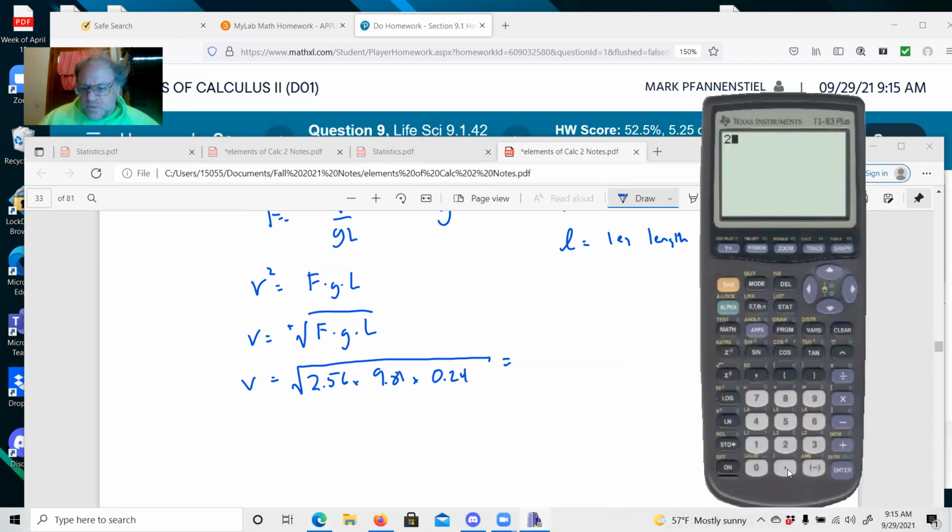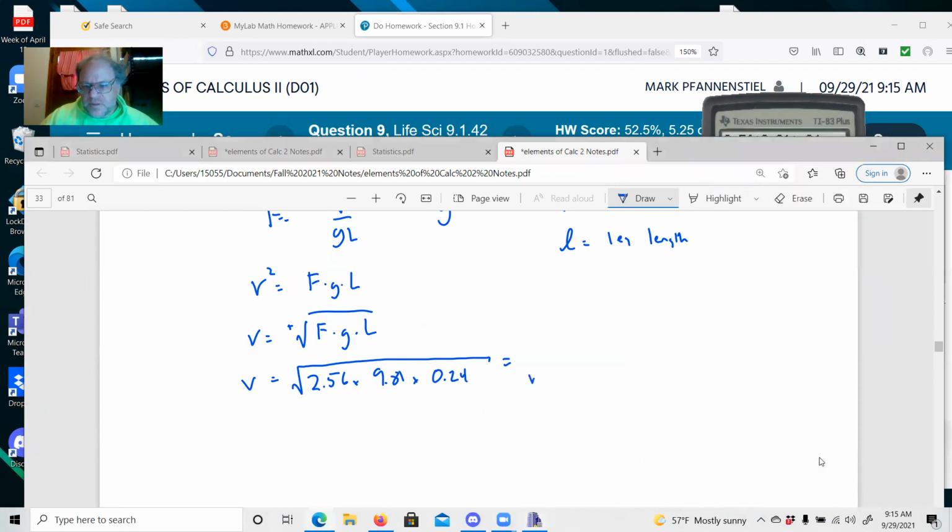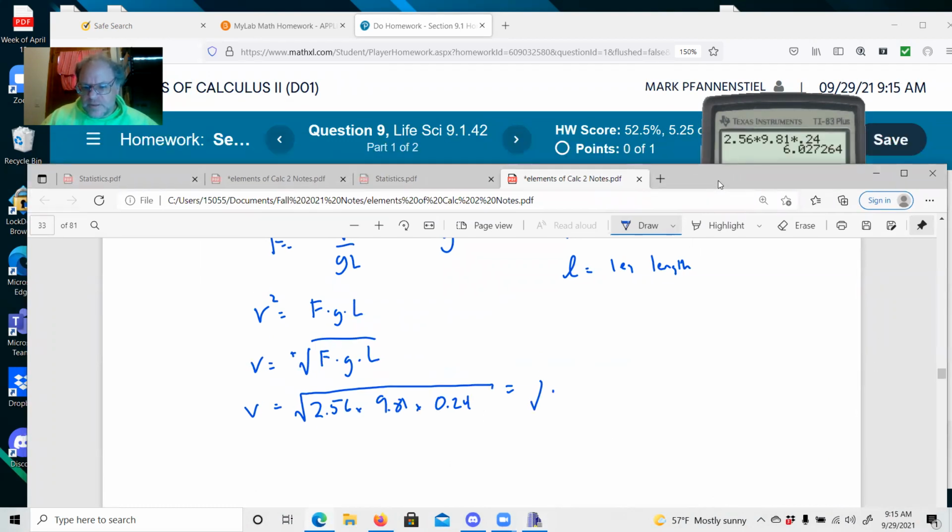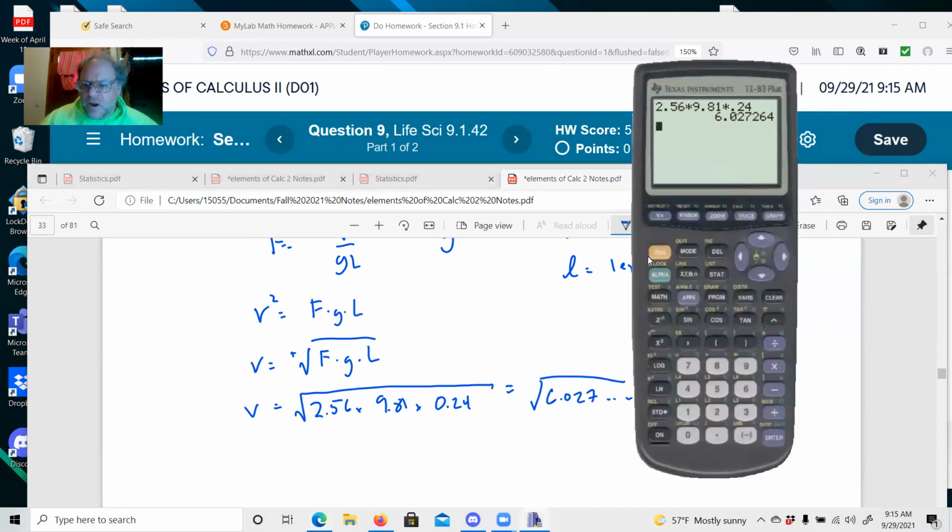So 2.56 times 9.81 times 0.24. So we have the square root of, what was our answer here? 6.027, etc. And what we're going to do is take our square root button, and then put in the answer I just got.